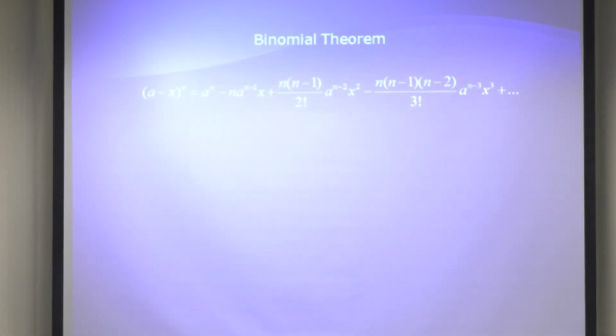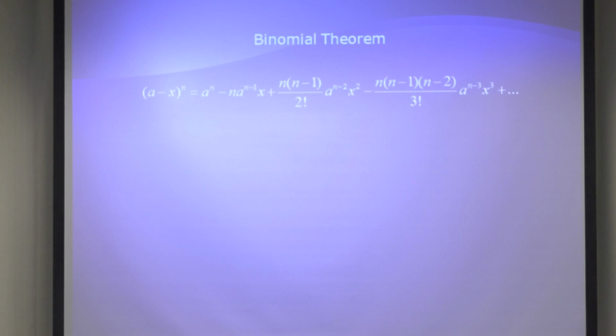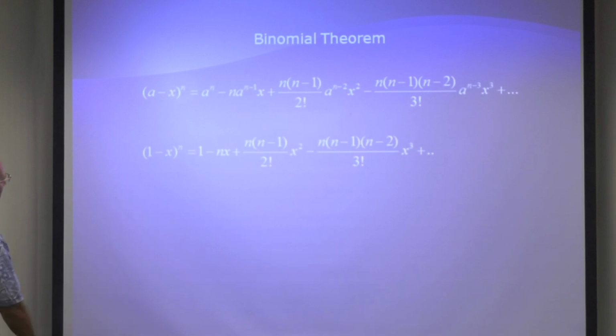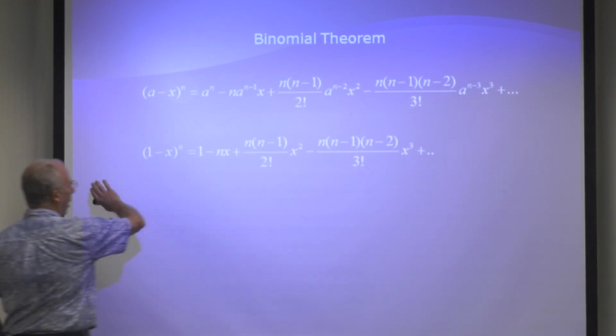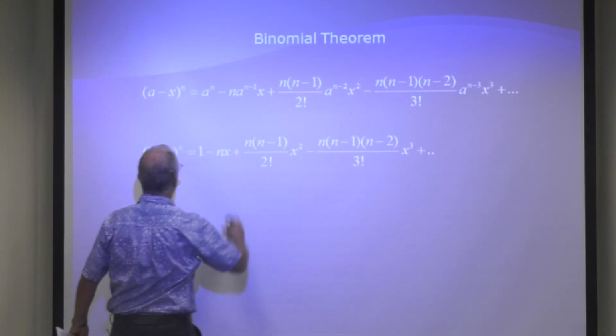Great. Now let me write gamma again. We're going to use that to simplify this. Here we have a 1 minus something, so we want to put a equal to 1. Now we have 1 minus x to the n power, and it's equal to all that stuff. Everywhere you see an a, you put in a 1.